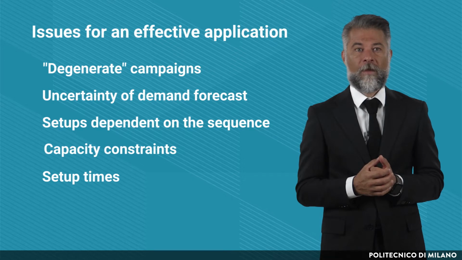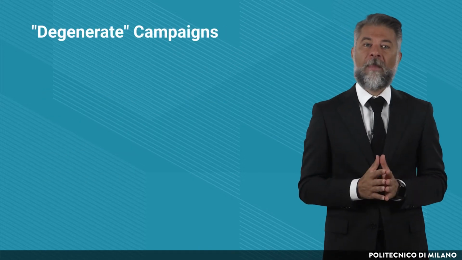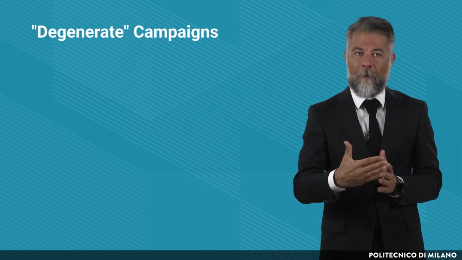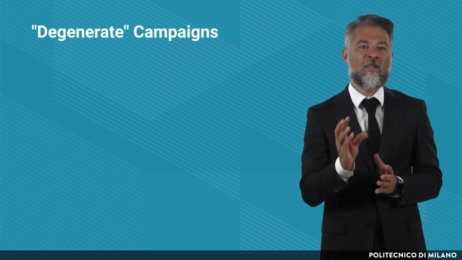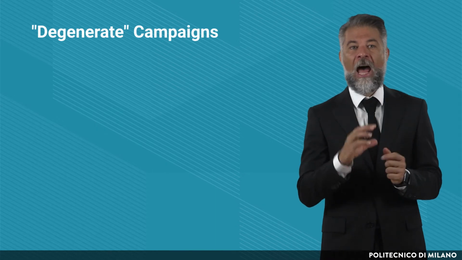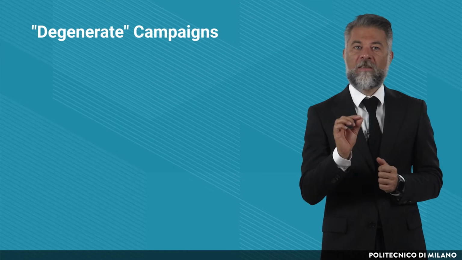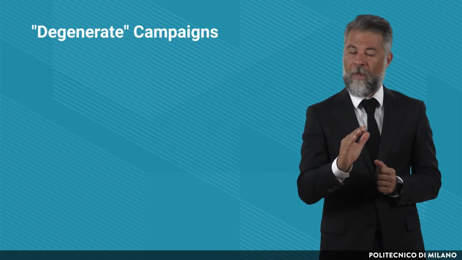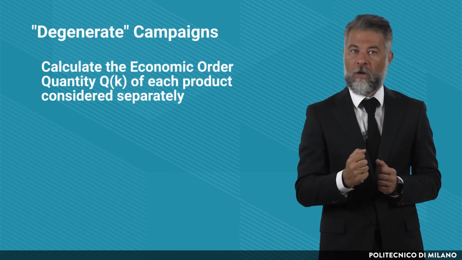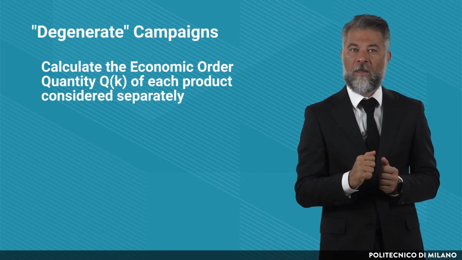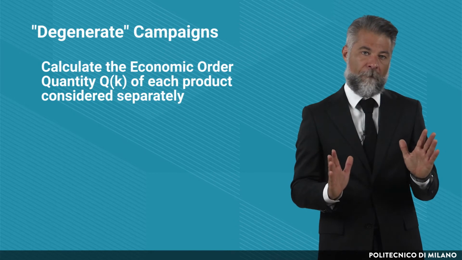Degenerate campaigns: it is not always worthwhile to produce in every campaign products characterized by small demand and high setup costs. In this case, it is suggested to proceed as follows. Calculate the economic order quantity, QK, of each of these products considered separately.